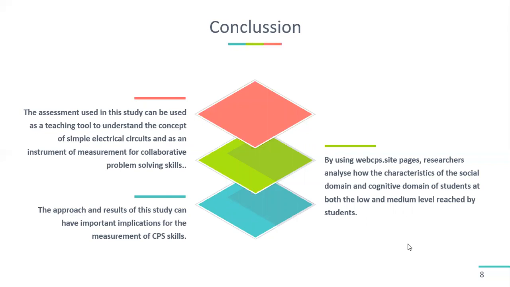The assessment used in this study can be used as a teaching tool to understand the concept of simple electrical circuits and as an instrument of measurement for collaborative problem-solving skills.